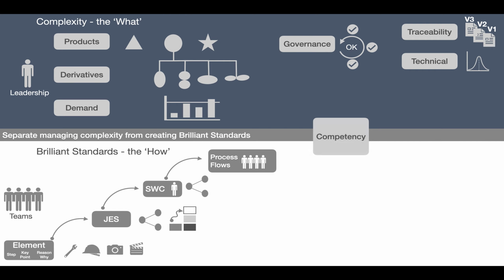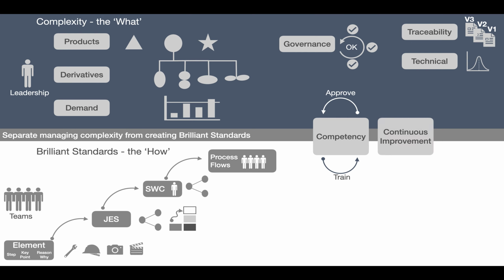Then there's the shared element that goes across the two parties, which is that we're trying to maintain our competency. So whilst we train our teams and make sure that they are capable, the approval process and system to manage that is in the leadership hands.